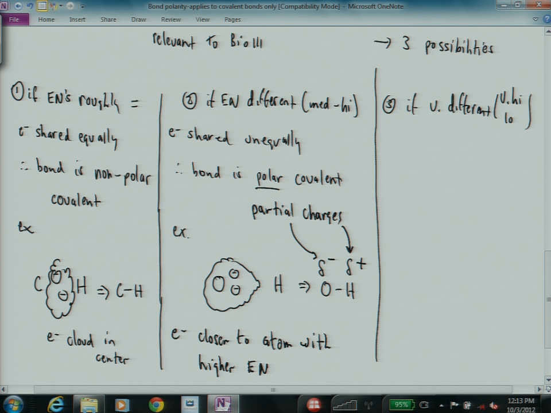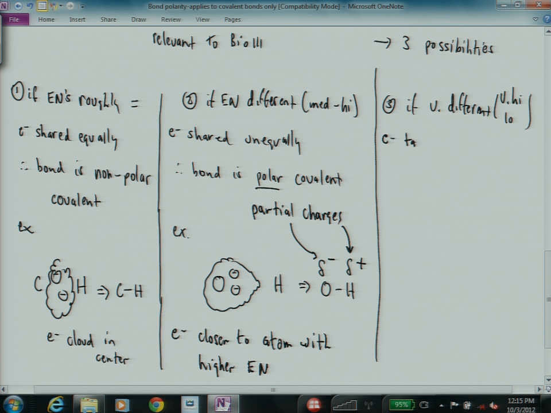All right. Just to fill out the spectrum, if the electronegativities are very different, electrons are taken by the high electronegativity atom, and that leads to an ionic bond. And you end up with something like this.